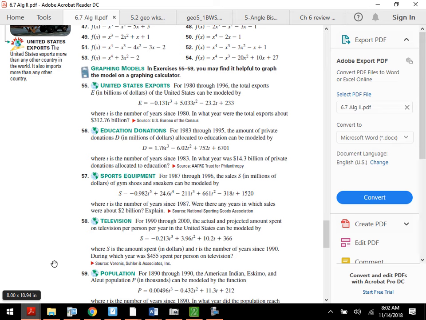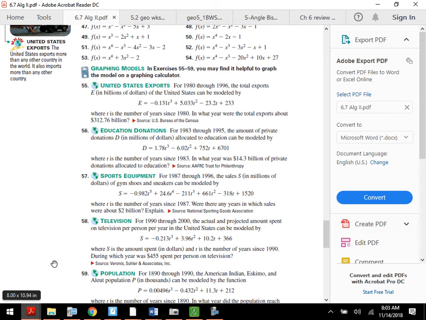Anyway, so you put all that information in the y equals, and then you hit the button that says table. If you start at year 0, that means your exports were $233 billion. One year later, which would be 1981, still a little bit before your time, it was 214, and then you're searching for where it got to about 312.